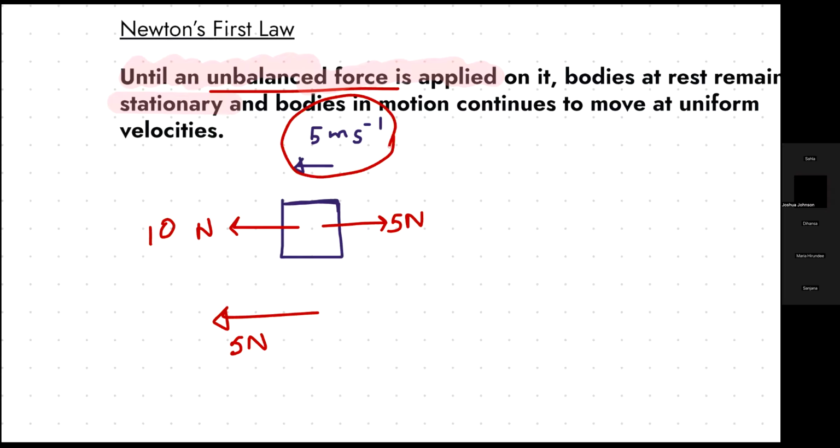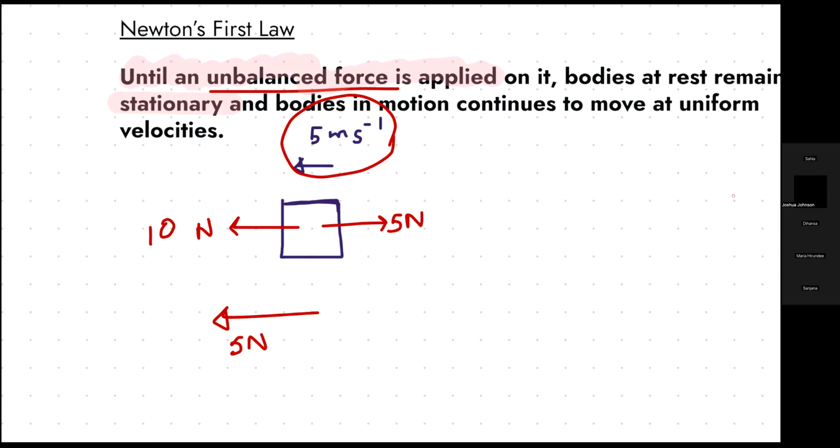So let me tell you one more time. If an object is stationary and there is no unbalanced force, that stationary object will remain stationary. But if you give an unbalanced force, that stationary object will start to move.